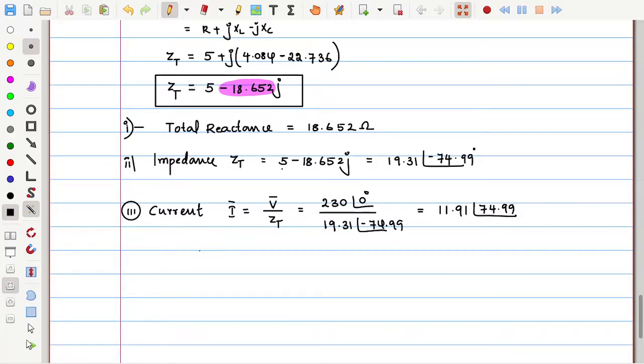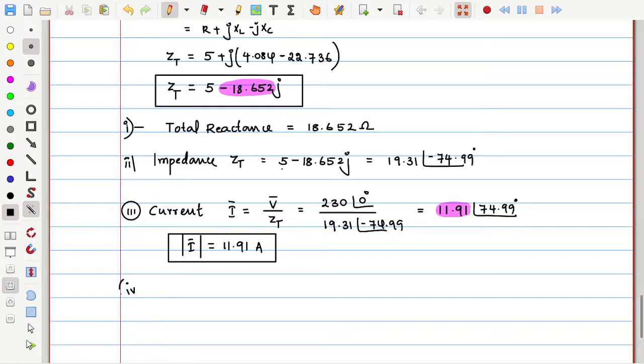But if I need only the current magnitude, I can say the mod of this, which is equal to the magnitude of this, which is 11.91 amperes. Nothing is wrong in expressing the polar form as magnitude and angle, but if somebody asks only for the current, then express only the current magnitude, which is 11.91.